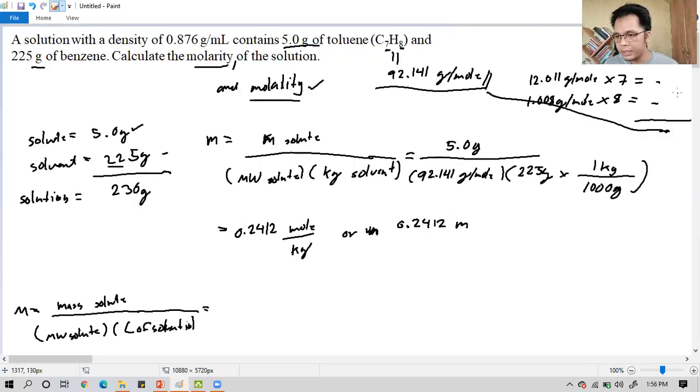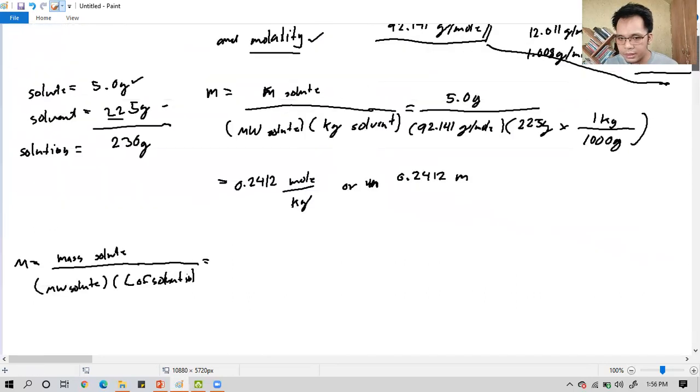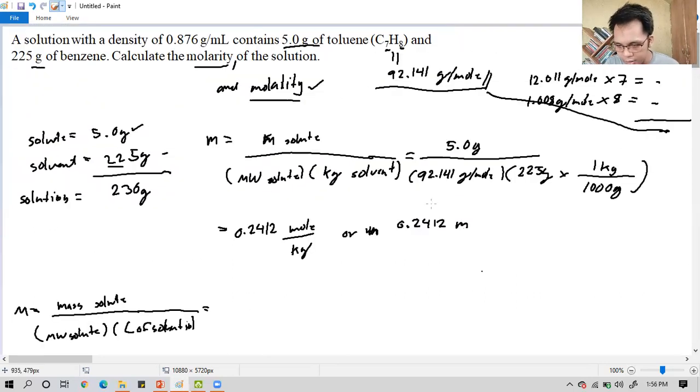So how will we do this, guys? Now, the density is given here. Let me insert it here. The density, of course, is equal to mass per volume. What we are looking for here is the liters of solution, but the given is the mass of the solution, expressed in grams. Right. Now we have to calculate the volume.